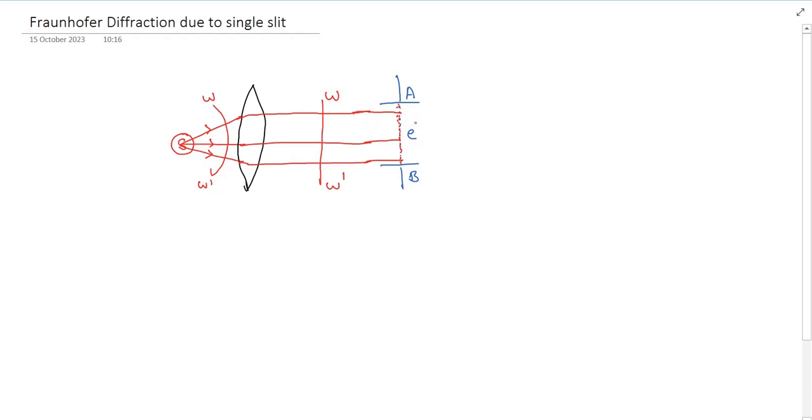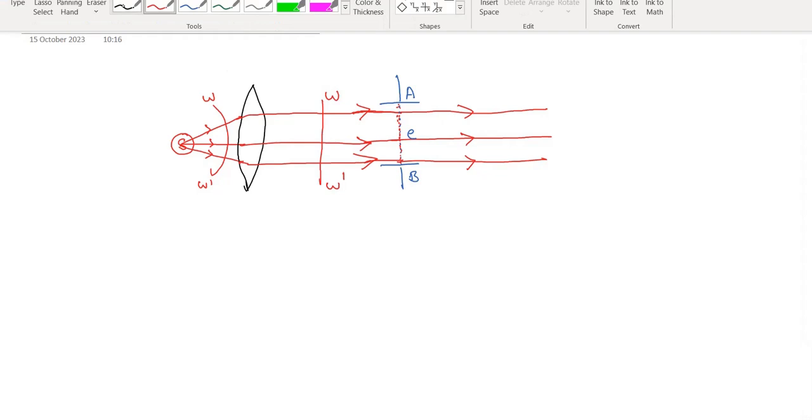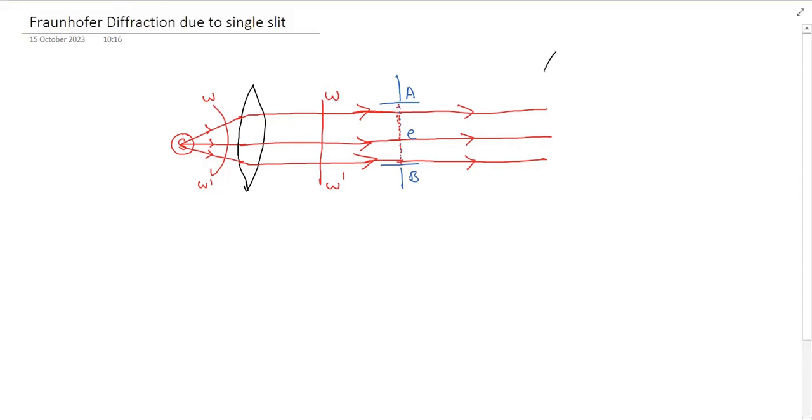Let us consider two particular directions in this case. First of all, those rays which are making theta equal to 0 degrees. So this is the incident ray, this is the diffracted ray, they are parallel to each other, theta is equal to 0 degrees. Again, let us keep another double convex lens.